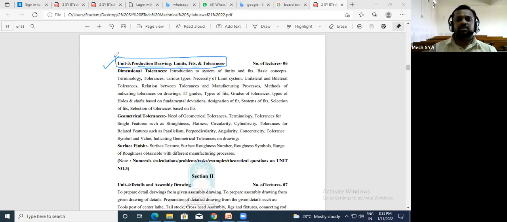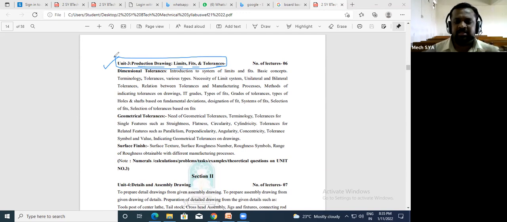Now see the syllabus of this chapter. In this production drawing, our main motto is to study limit, fit and tolerance. These are the concepts which are required in production.